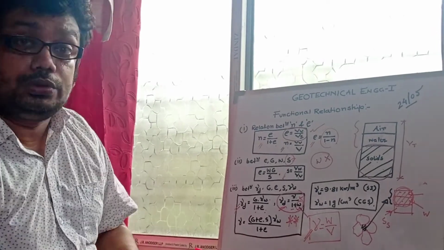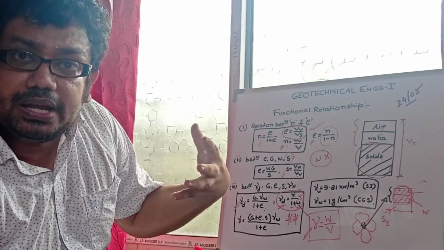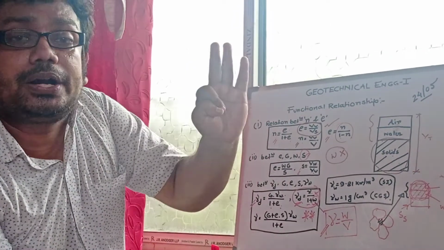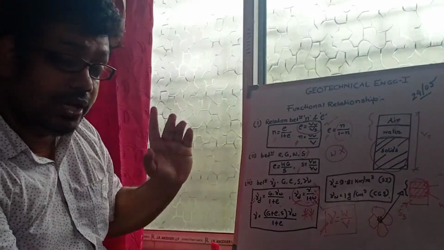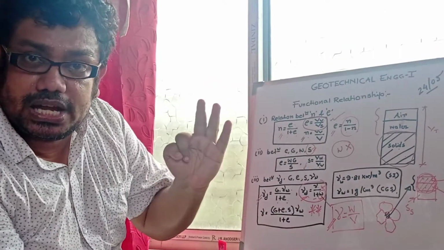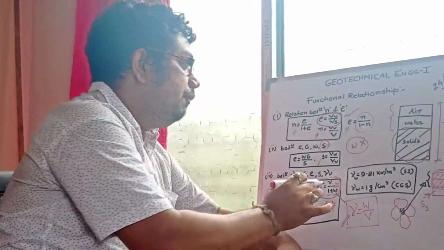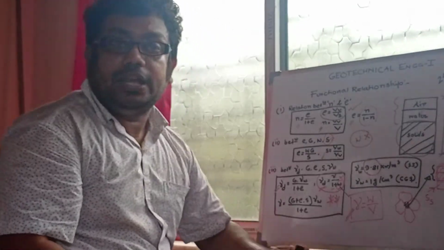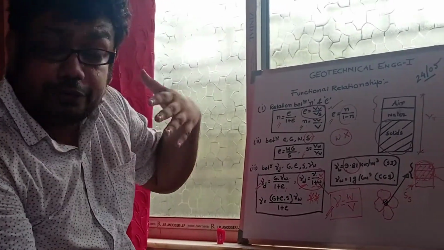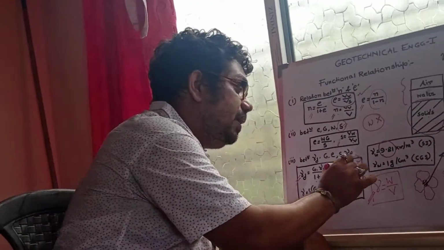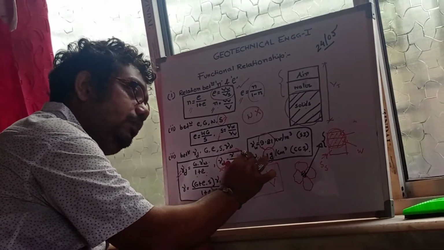Now, most of the students make mistakes in this area when putting the units of gamma w. Just keep in your mind, if your other units are in SI or MKS, then you have to consider gamma w equal to 9.81. And if you are performing the test in CGS, then you should consider gamma w equal to 1.